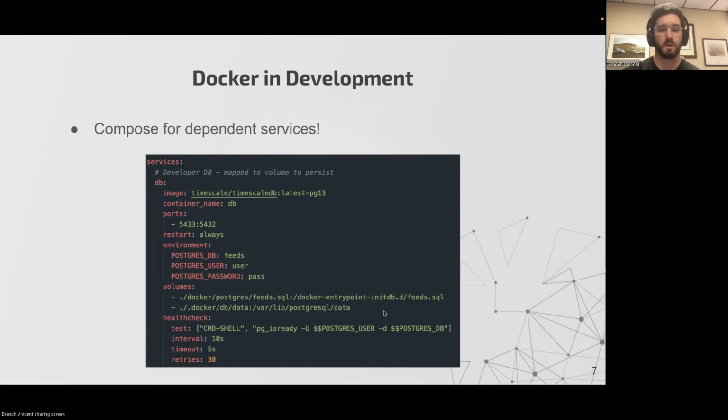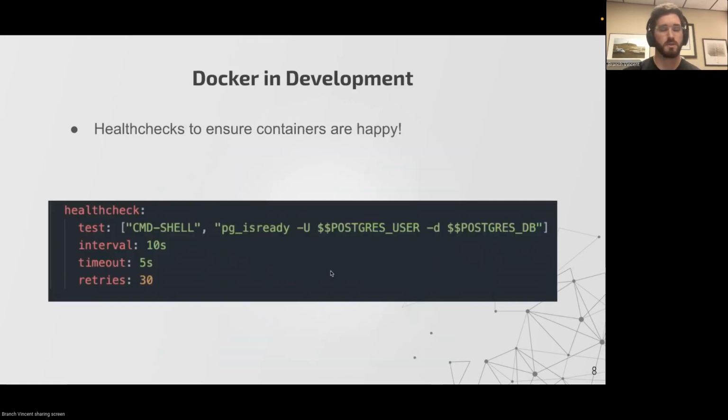As well as health checks, which were really important for us. Health checks is a concept to define if your container is healthy. By default, Docker will start your containers for you, and it knows that it's running, but it may not know if it's available yet.